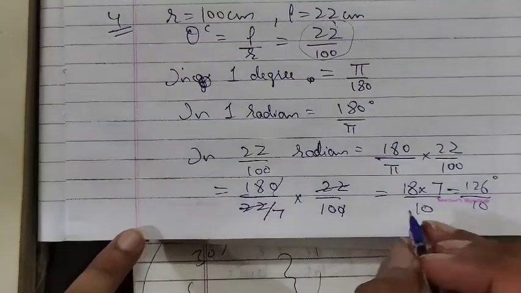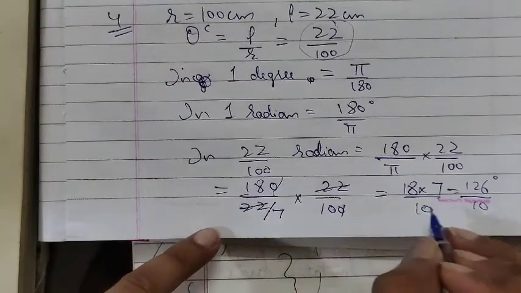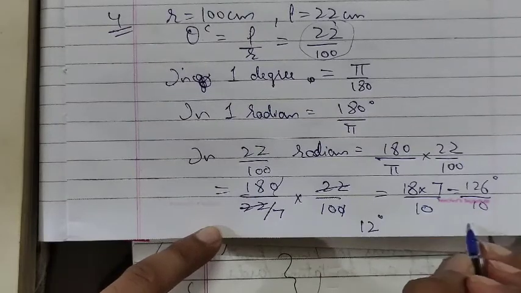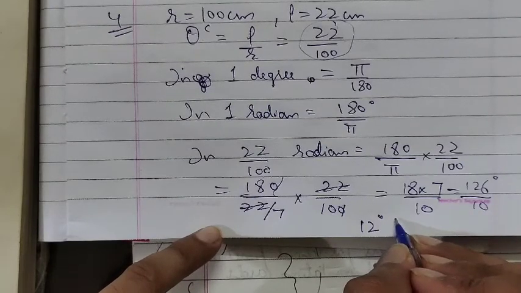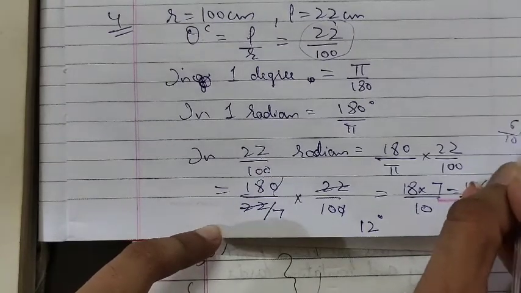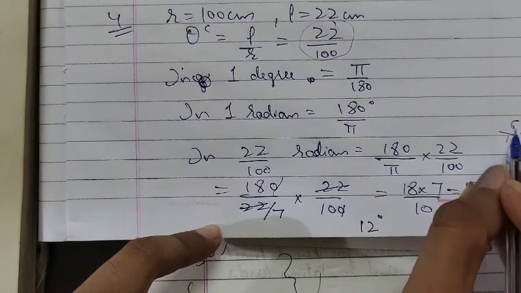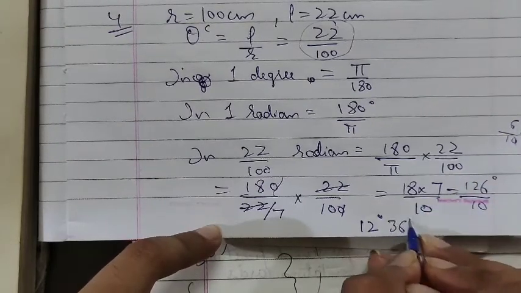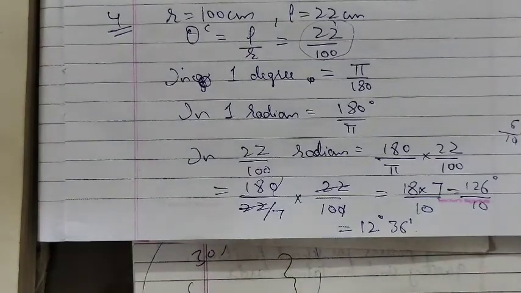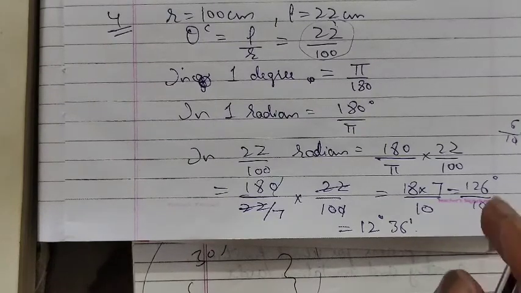If we convert it into a mixed fraction, this means it is 12 complete degrees and 6 upon 10. So 6 upon 10 multiplied by 60, if we convert it into minutes, is 36. So 12 degrees 36 minutes. This is our answer. So in radian the answer is 22 by 100, but in degrees the answer is 12 degrees 36 minutes. I hope it is clear to you.